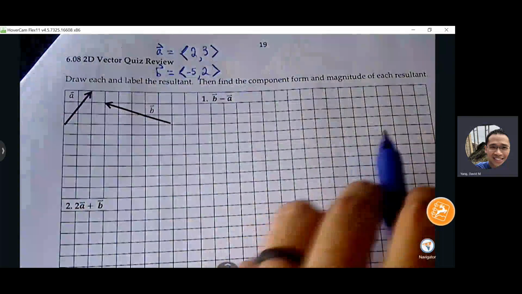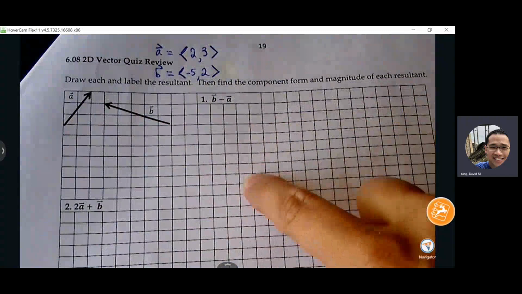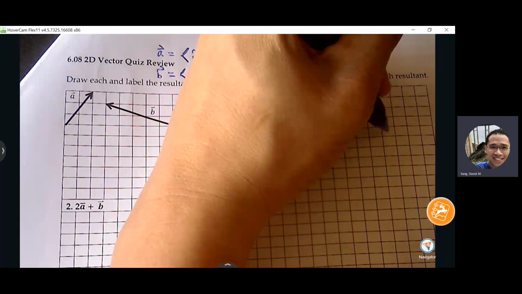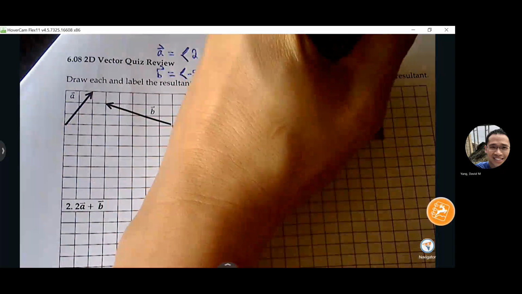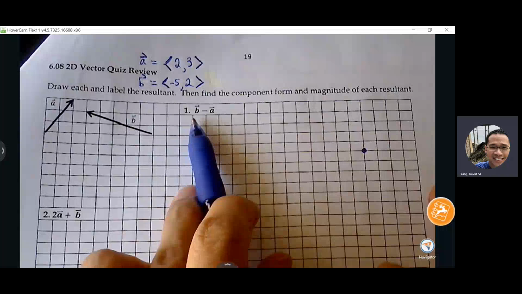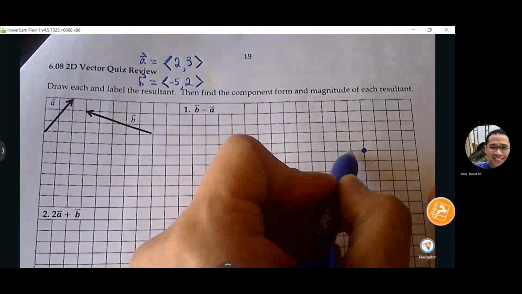I'll start here on the right side, because I know I'm going to end up somewhere over here. Okay, so just pick a point. I'm going to start off with vector B, because that's what they want us to do. So I'll go left 5 up 2.